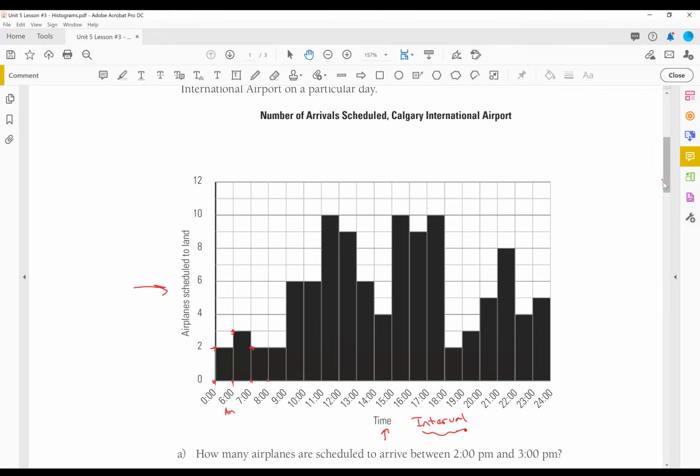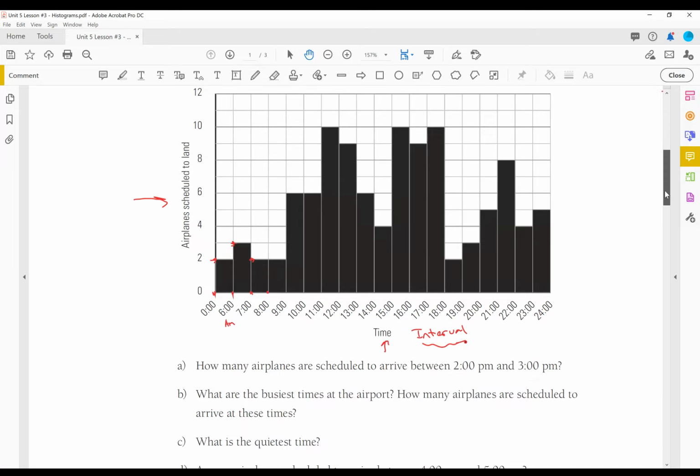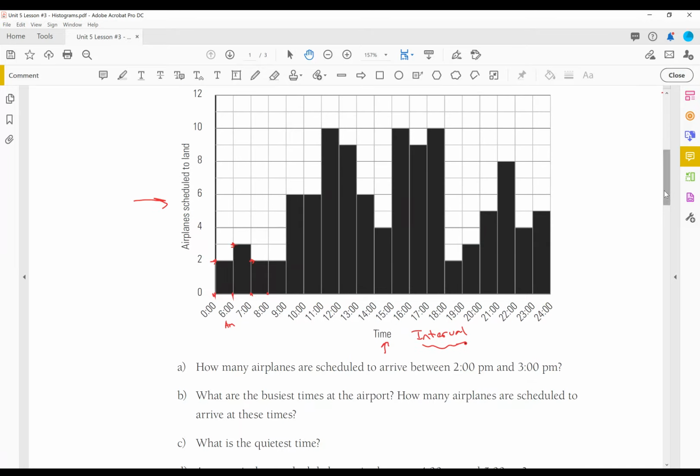So here we go. Here are some questions we'd be expected to answer for this. A says, how many airplanes are scheduled to arrive between 2 p.m. and 3 p.m.? Okay, 2 p.m. in military time. Essentially, what you can do for military time is take 2 o'clock p.m. and add 12 hours to it.